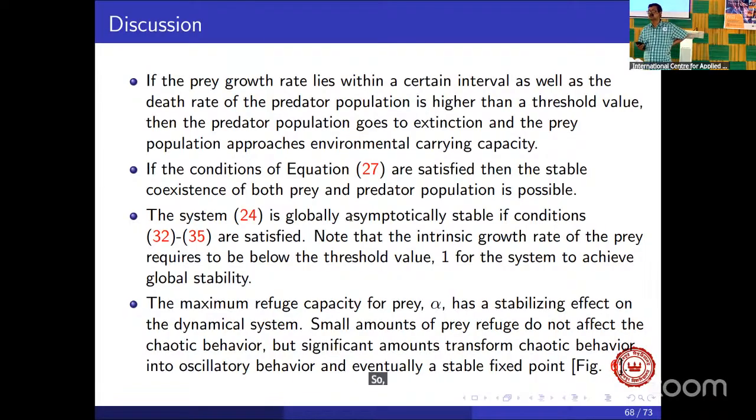So how do we account for that? In this model, I cannot account for that.